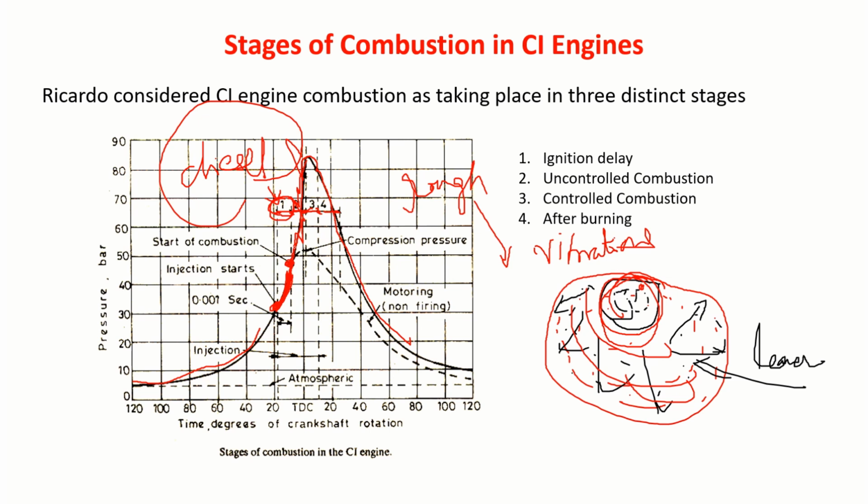As I explained in the previous video, in the present day common rail injection system, that's what we have done. We have introduced the pilot injection system. Only inject a very small quantity of fuel, stop till that fuel gets ignited and the flame front appears. After that you start injecting so that the combustion will be very, very smooth.